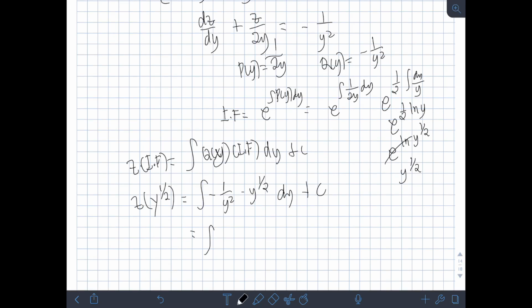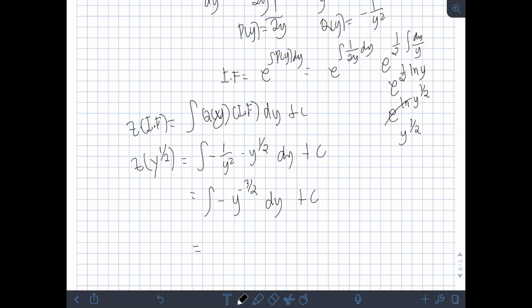So, integral ng y raised to 1 half over y squared is parang y raised to 1 half minus 2, or negative y raised to negative 3 halves dy plus c.